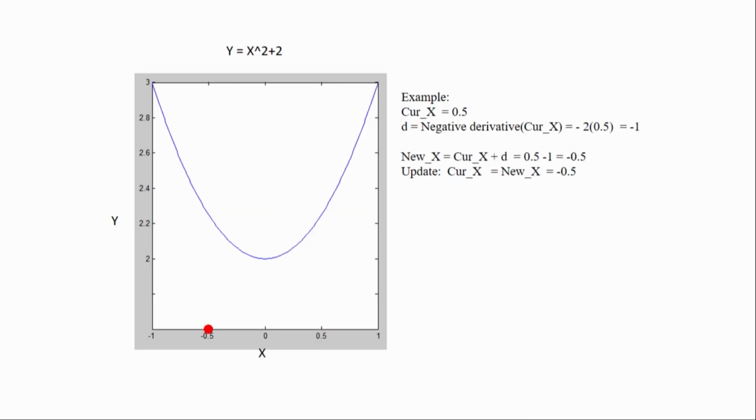So now your new x would be minus 0.5. Now you again do the same thing. You start with your new x, compute the derivative at your new x, and then take a step in the direction of the negative derivative. What is the derivative at your new x, which is minus 0.5? We started with 0.5, and then we ended up at minus 0.5. Now if you start with minus 0.5, where do you go? What is the derivative at minus 0.5?